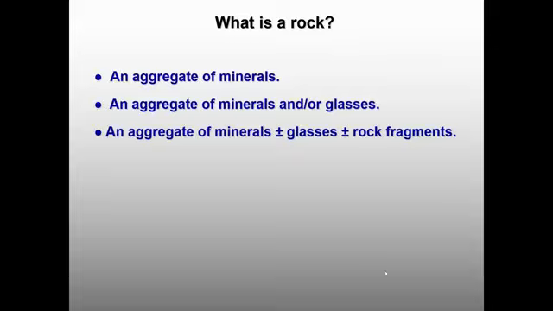But most of the time we have a group of many different minerals, but we can also have glasses. Glasses like obsidian glass we'll talk about. You can combine minerals with glass or just have glass, and that can still be a rock. Or we can have a combination of minerals, glasses, and even broken up rock fragments.